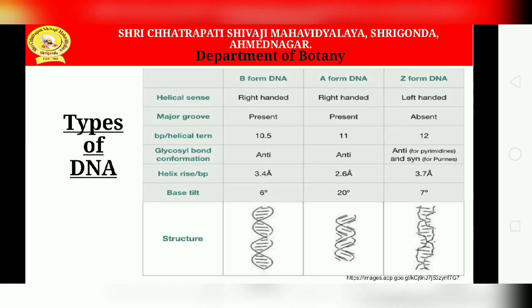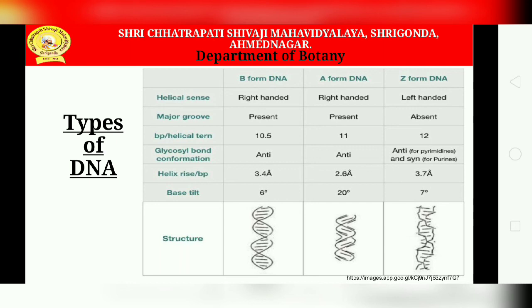The vertical rise per base pair is 3.4 angstrom in the B form, 2.56 angstrom in the A form, and 3.71 angstrom in the Z form. The rotation per base pair is plus 36 degrees in the B form, plus 33 degrees in the A form, and minus 30 degrees in the Z form.